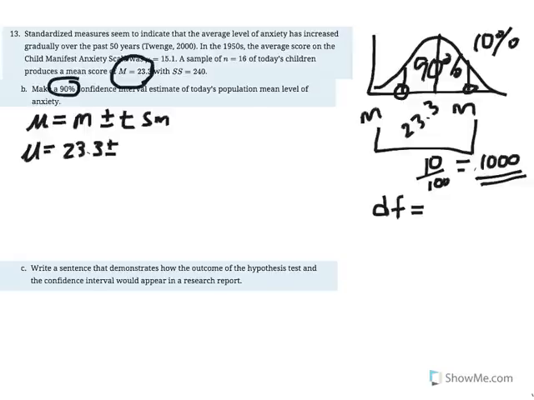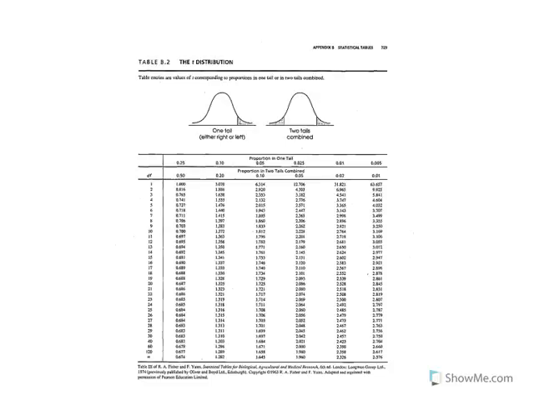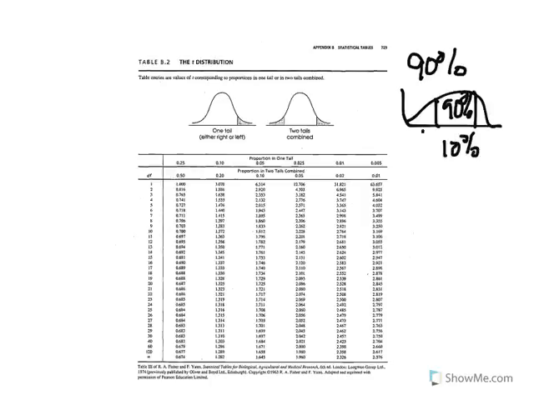Our degrees of freedom is equal to 15, because n is equal to 16. Okay, so again, we're calculating a 90% confidence interval. So we need to recognize it's 90% in the middle, leaving 10% in the tails, so 10% in the tails distributed over two tails.